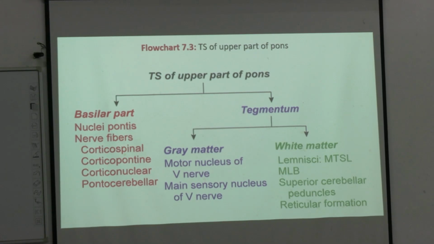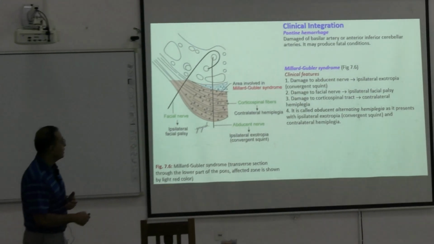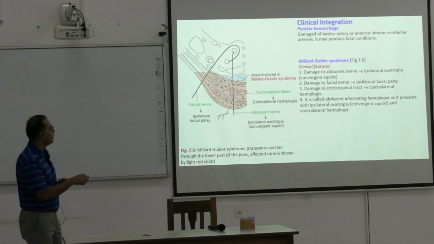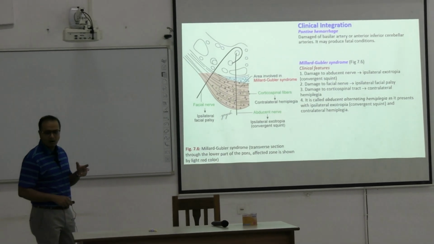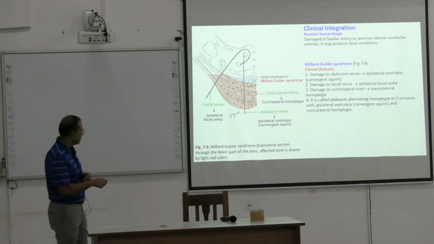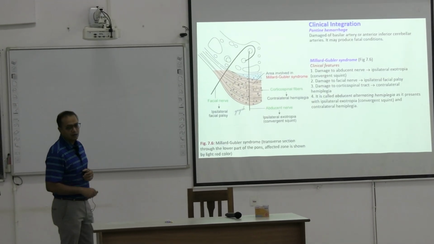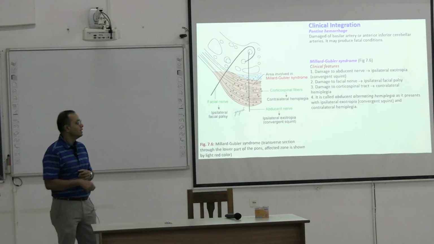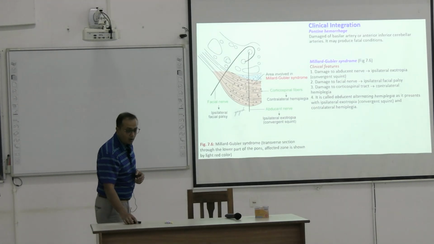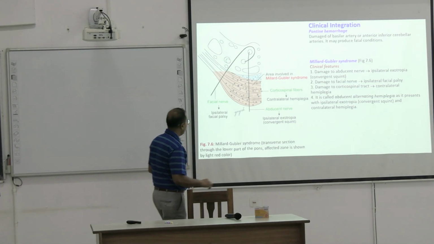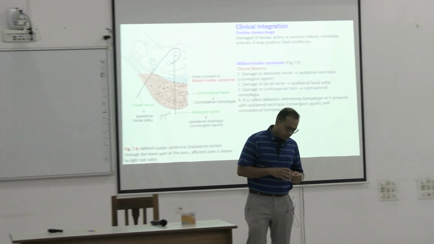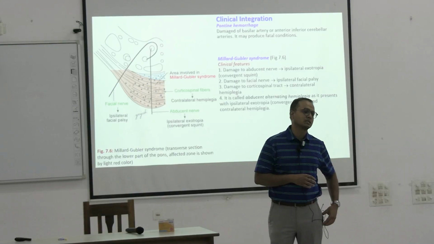Then we have to talk about the pontine hemorrhage, always threatening, and Millard-Gubler syndrome, which is affecting the arterial supply, a blockage affecting the basilar artery or inferior cerebellar artery supplying it. It catches up the facial nerve and the sixth cranial nerve, leading to ocular muscle movement error and facial nerve error leading to palsy, that means muscle paralysis with taste sensation error.